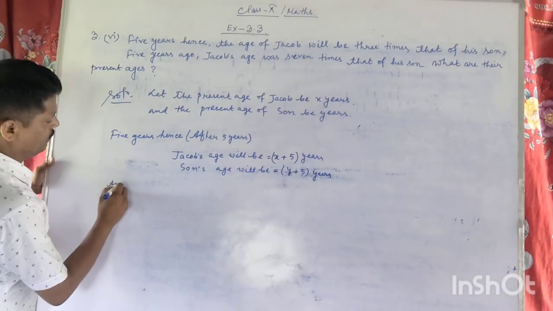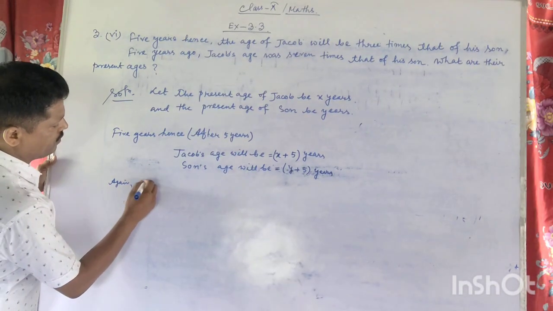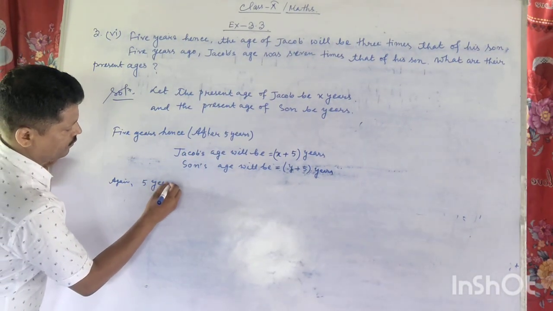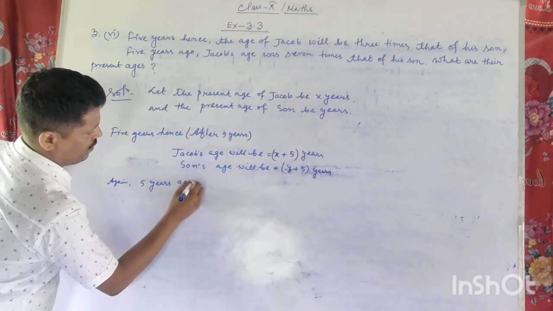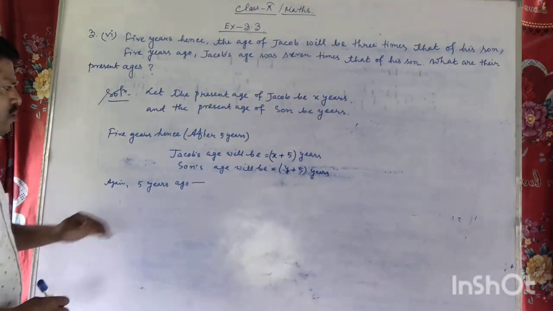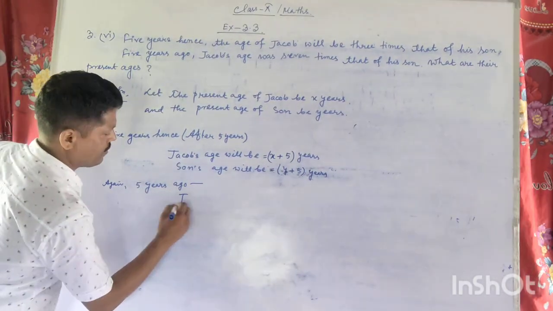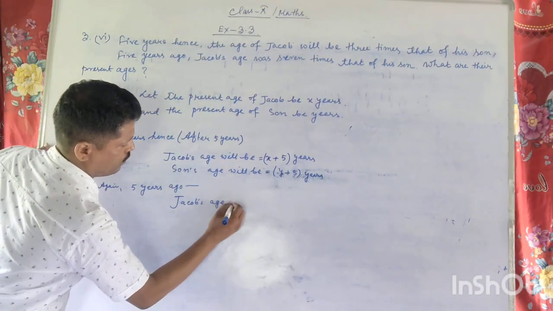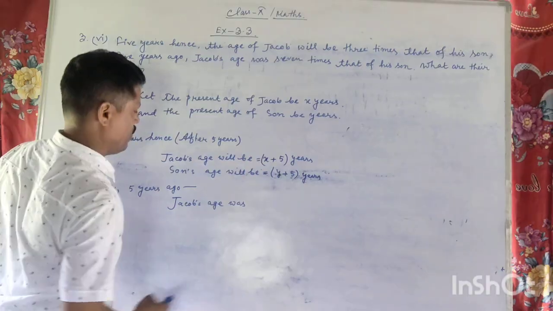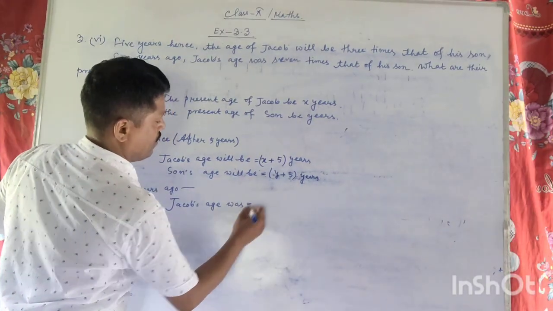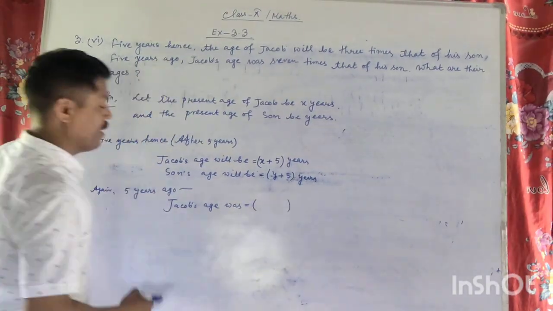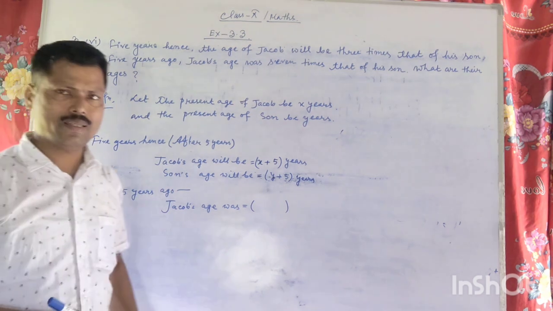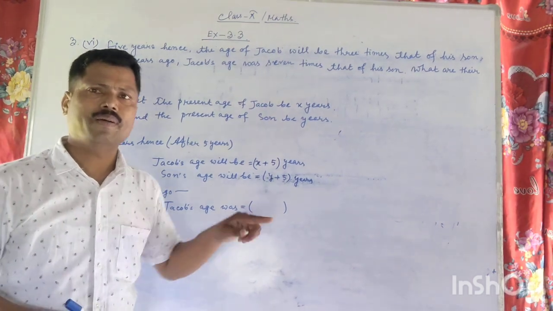Again, 5 years ago. 5 years ago, Jacob's age was. For ago or before, we have to subtract from the present age.